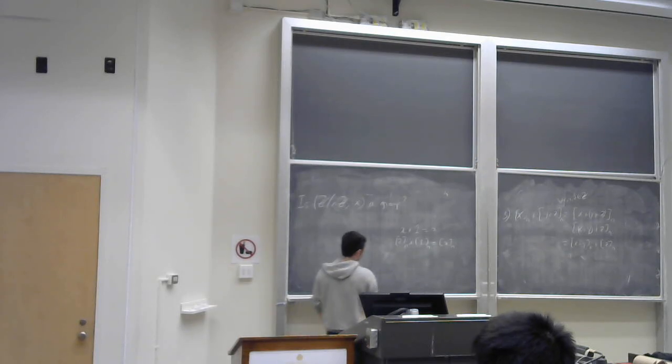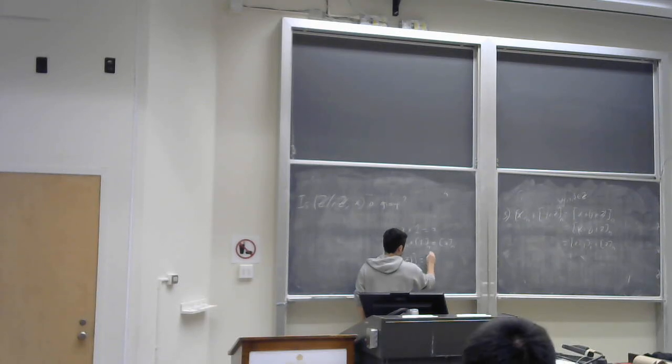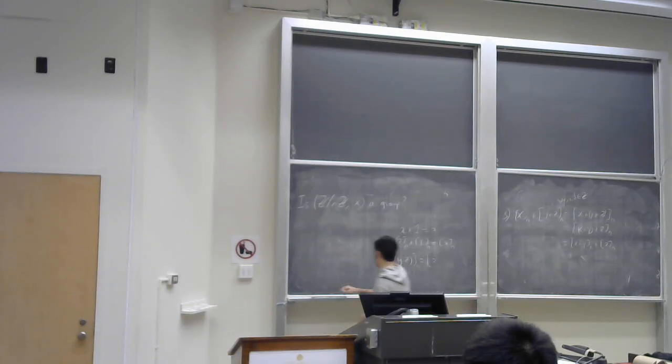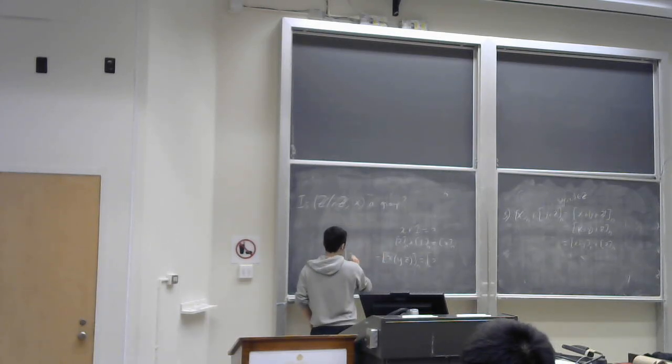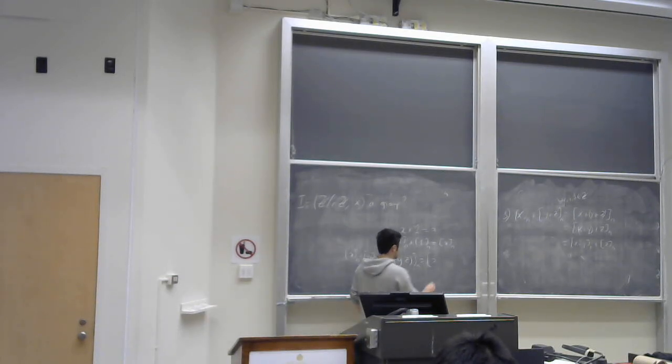Now, is the associativity an issue? Let's see. What is the class of x, y, z mod n? The class of x times the class of yz is equal to the class of x times the class of yz.